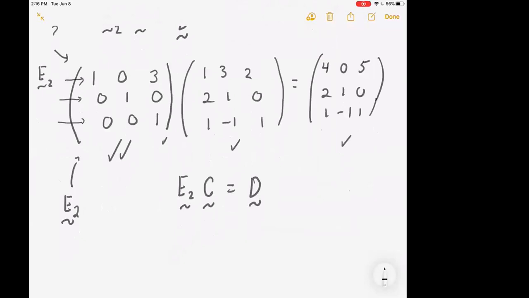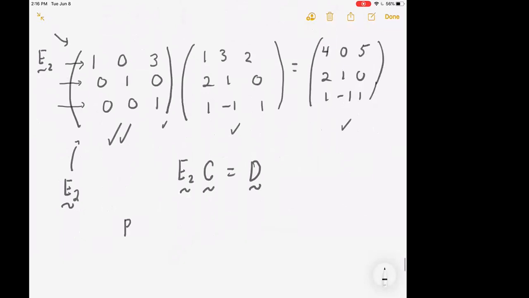So you will have lots of practice, probably about 4 exercises in problem set 4, where you will be asked to write down the elementary matrix or elementary matrices for a set of problems.